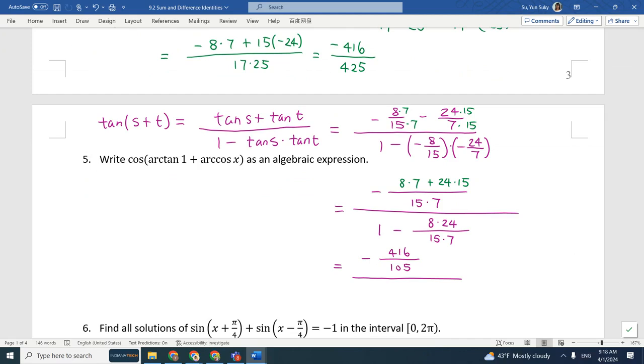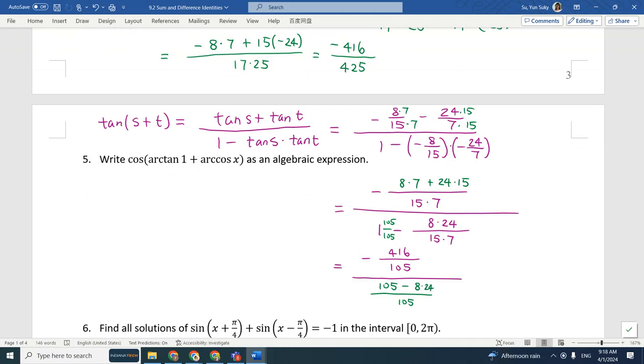And then the denominator. Do you see the denominator? You can multiply the top and bottom by 15 times 7, which is 105. So 105 is the common denominator. And then you get 105 minus 8 times 24.